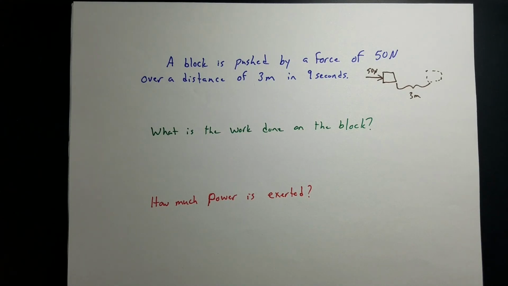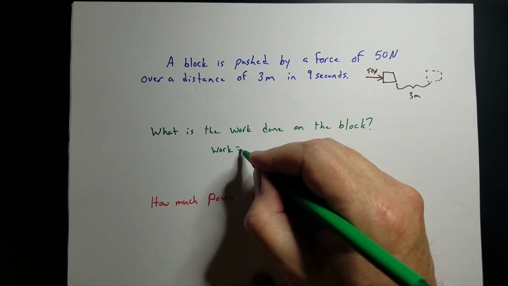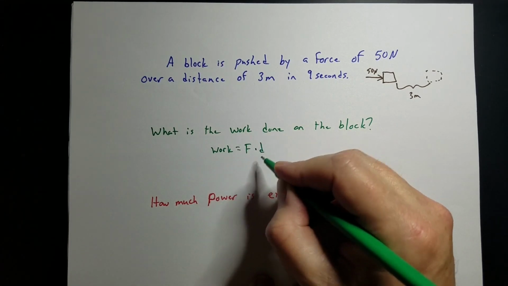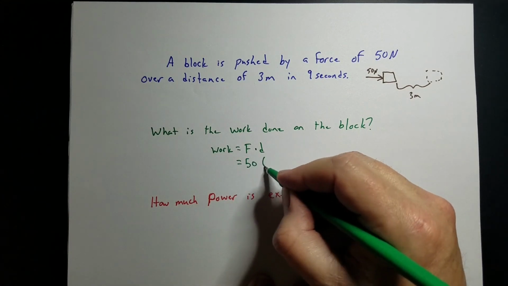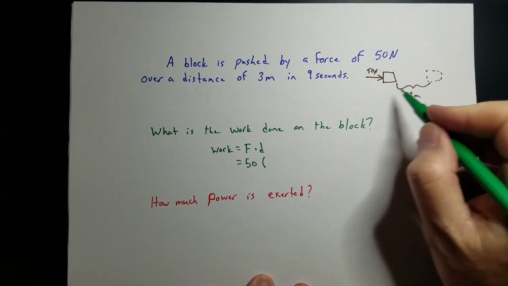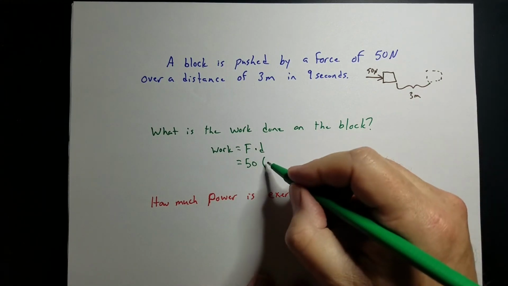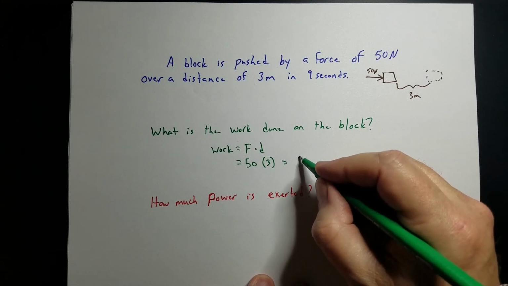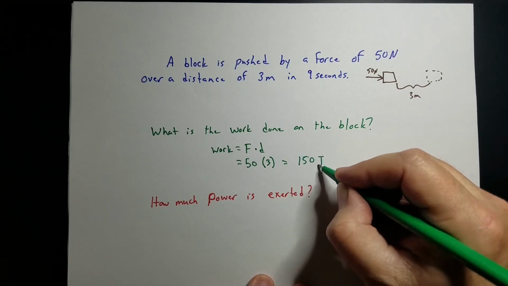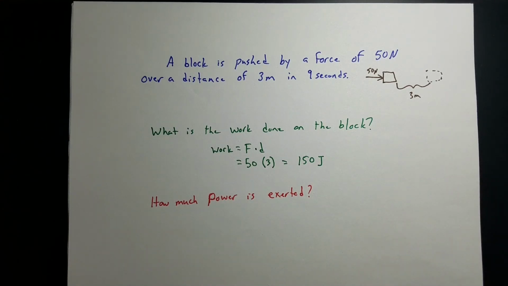So work would just simply be force dot distance. So the force is 50. The dot, as long as they're both going in the same dimension, it just means multiply. And so the distance was 3 meters. So we've done 150 joules of work moving that block. Now we did that in a time of 9 seconds.